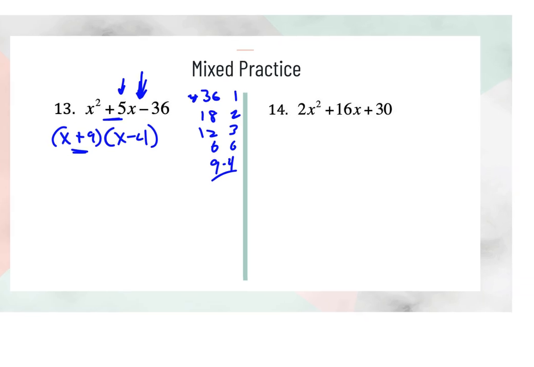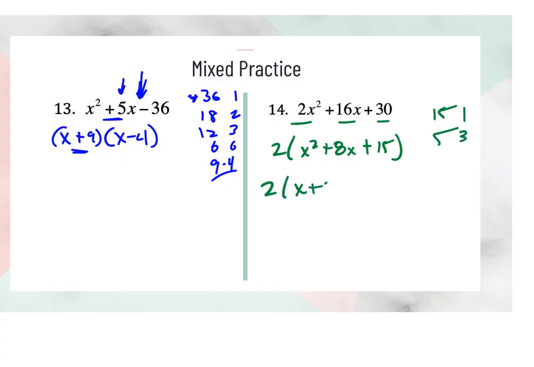Number 14. Notice, I can factor, there's something in common with all of this. So I'm going to write 2 times (x squared plus 8x plus 15). Okay, so what multiplies to 15 but adds up to 8? So I can write (x plus 5)(x plus 3).